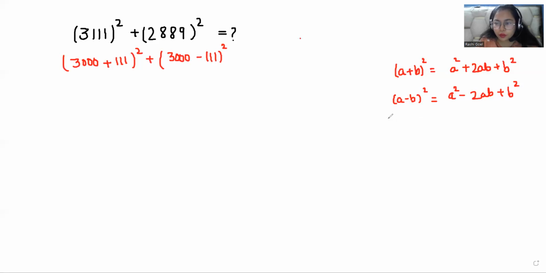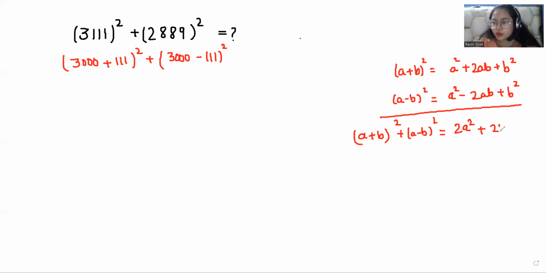If I add both the equations, it looks like (a plus b) whole square plus (a minus b) whole square is equal to 2a square, and 2ab minus 2ab is 0, plus 2b square. If I take 2 common, that is 2 times (a square plus b square).